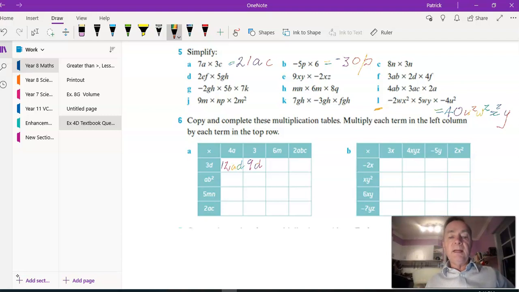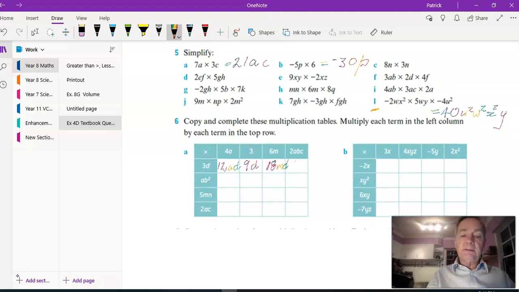We've got 6m times 3d. 6 times 3 is 18, 18md. And 2abc times 3d is 6abcd. You can rule it up and make it fit in your book. So 4a times ab squared will be 4a squared b squared.